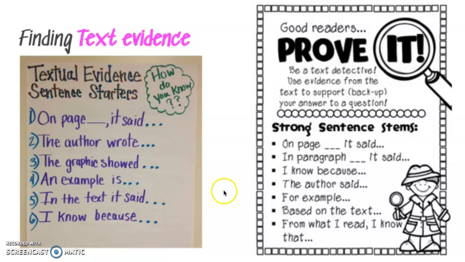For example, if we say the setting of the story is at a park, how do we know this? Because on page 25, it said that John and Mary had a picnic at the park, right? So we kind of practiced this in previous units, so we're going to refresh our memory and practice this more.